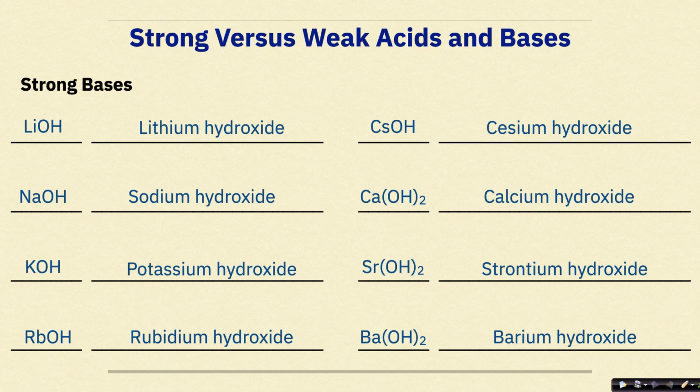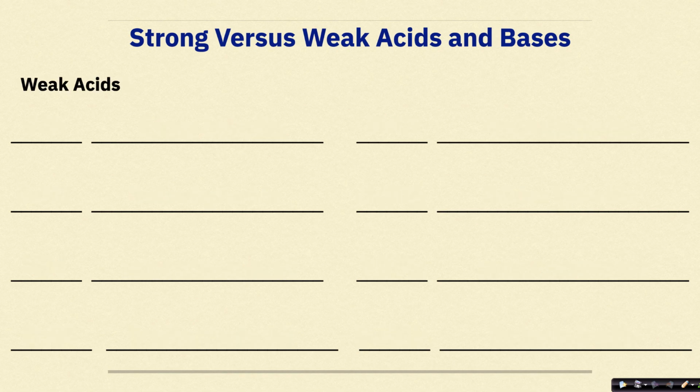So you'll see that these strong bases are composed of the group 1 metals along with the heavier group 2 metals.